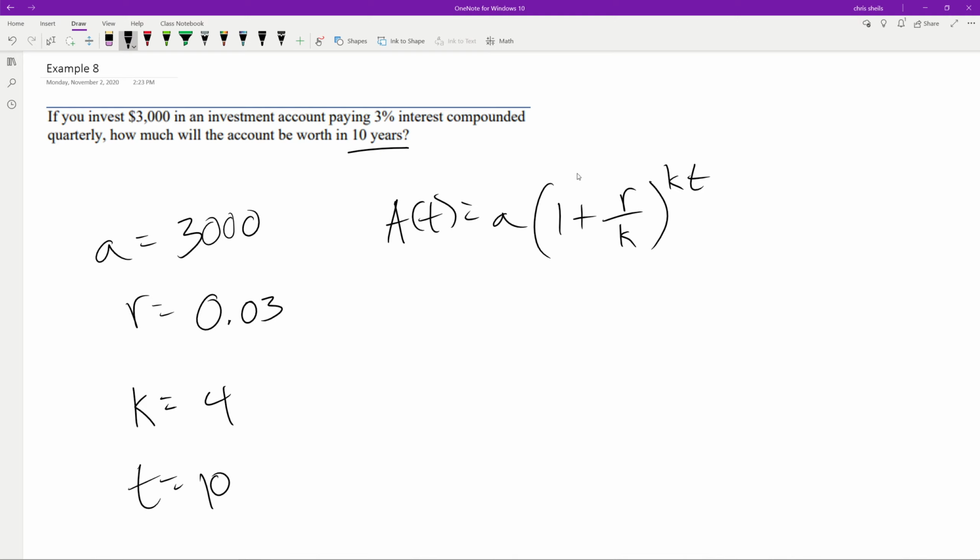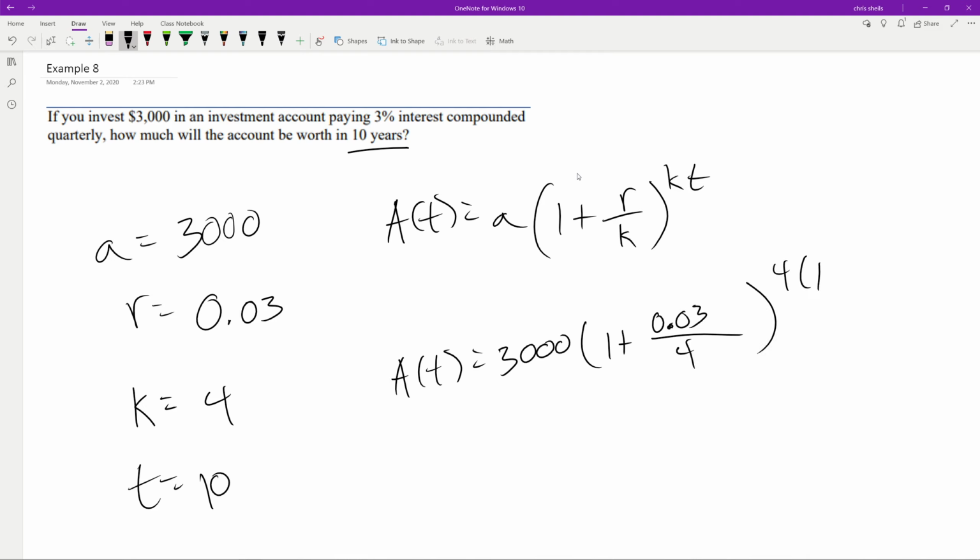If I plug all of this into this formula, A of t is equal to 3,000 times 1 plus 0.03 over 4 to the 4 times 10. And putting this in a calculator, I get $4,045.05. This is how much the account will be worth in 10 years.